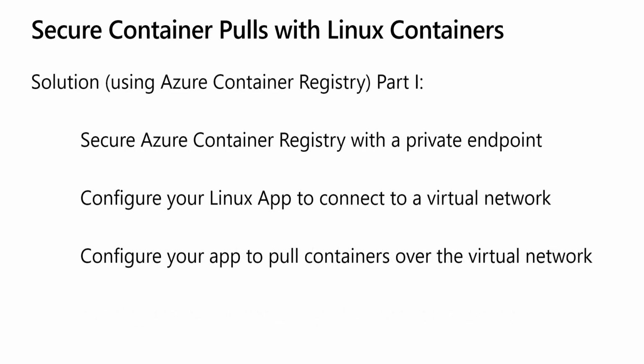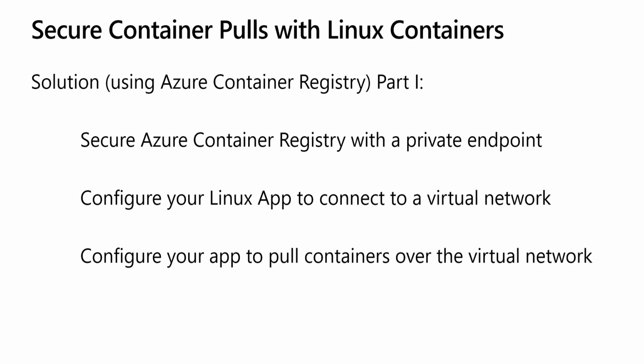Now, there's two parts to pull this off. The first one is setting up both Azure Container Registry and App Service so that the container pulls will flow over the virtual network. This has actually been in the platform for a few months, but we'll go over it in more detail in the demos.